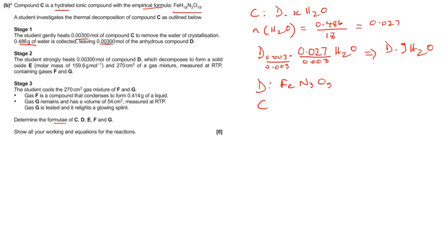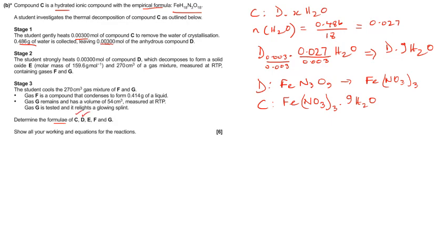So in fact, a better way of writing out D is going to be iron nitrate, like so. That makes more sense. And then we can write out what C is: D plus our 9 waters in the crystal structure. So we've done C and we've done D.